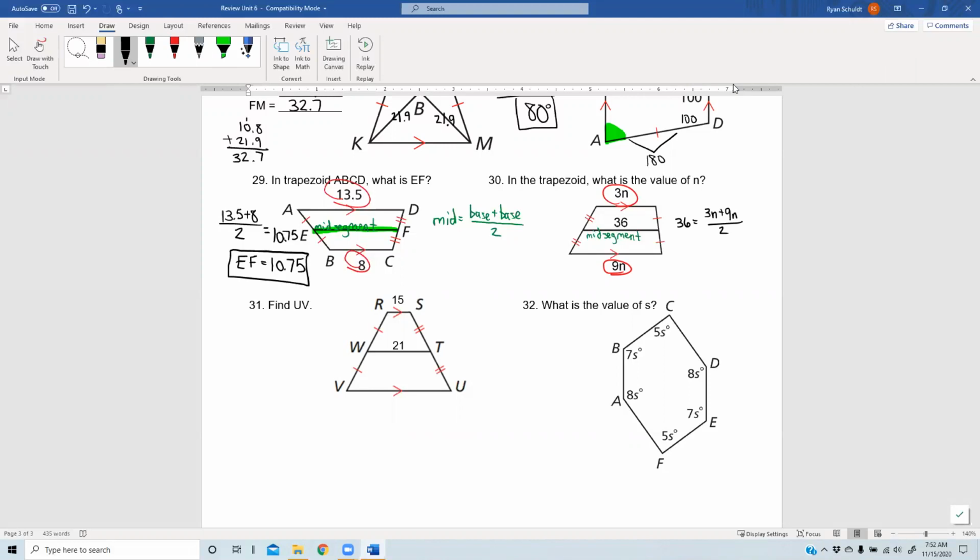I don't like fractions. I know you don't like fractions, so let's multiply both sides by 2. Boom, that goes away. 2 times 36 is 72. 3n plus 9n is 12n. So now we divide by 12. And we get that n equals 6.